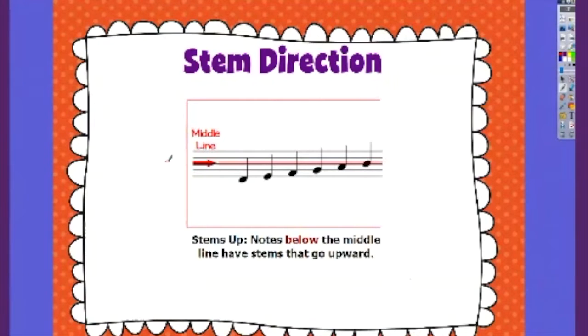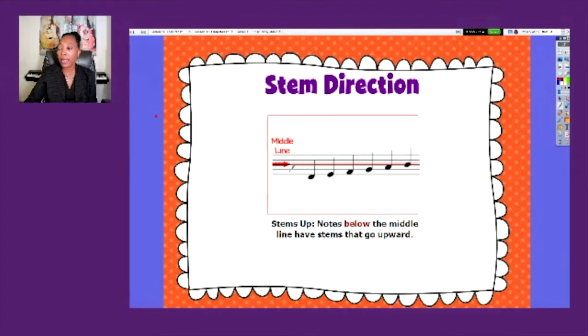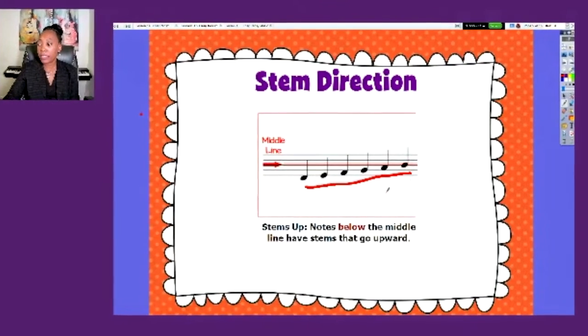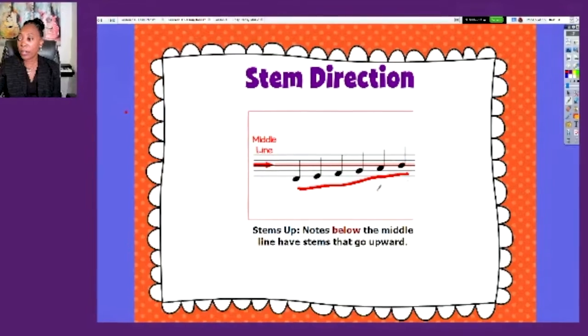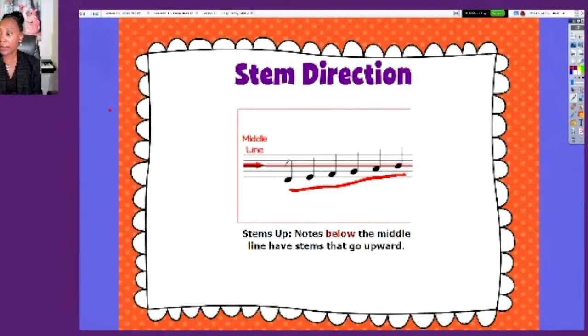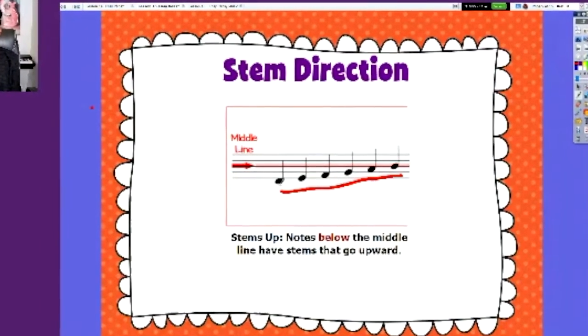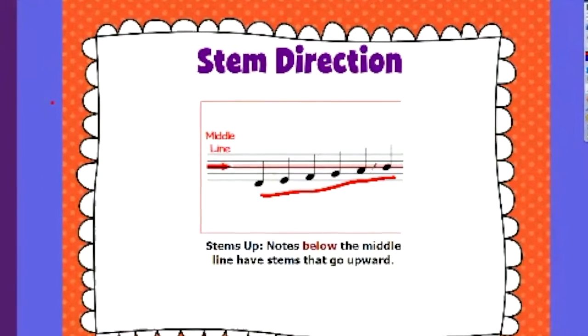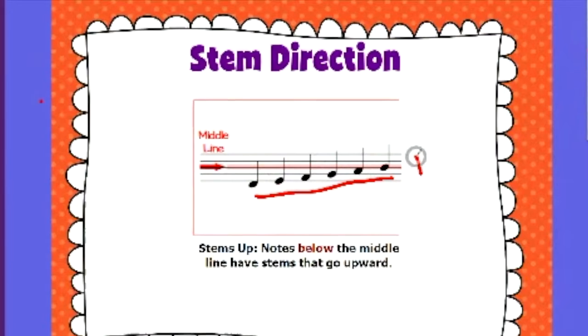It's important that you focus on the middle line or the third line, 1, 2, 3, right here. And this is really important, the third line or the middle line. If you have notes, which we have quarter notes, that are below the third line, the stems are going to go upward or go up to the right.